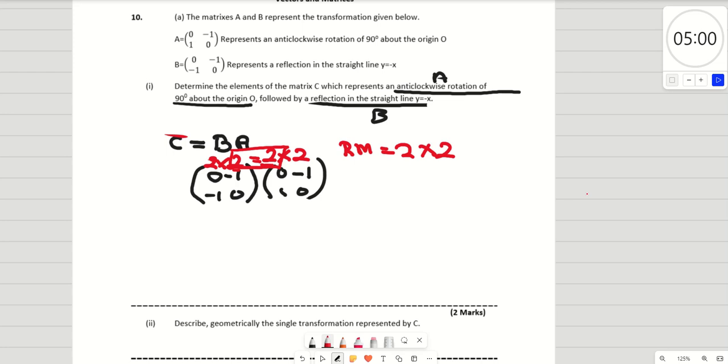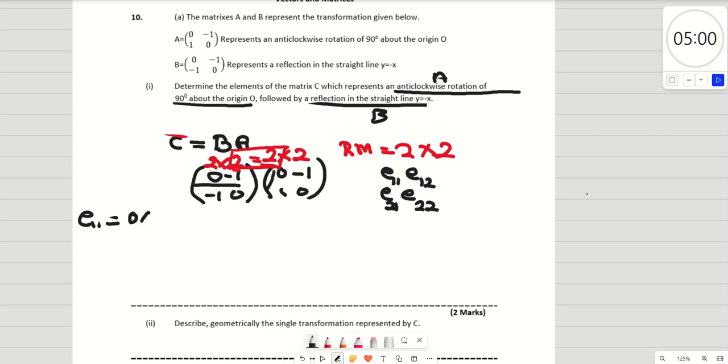Now, if you're new to multiplication of matrices, 2 by 2 is 4 elements. So 2 rows by 2 columns. This is row 1 by column 1, row 1 by column 2, row 2 by column 1, and row 2 by column 2. We say E11 would be row 1 by column 1.